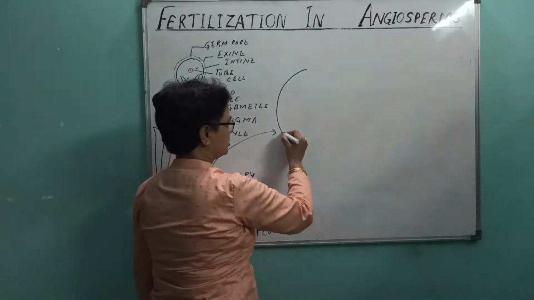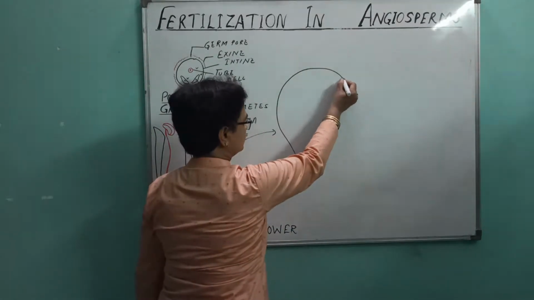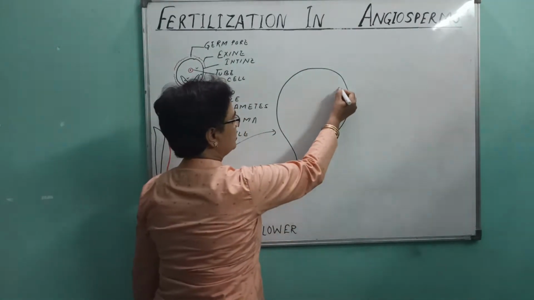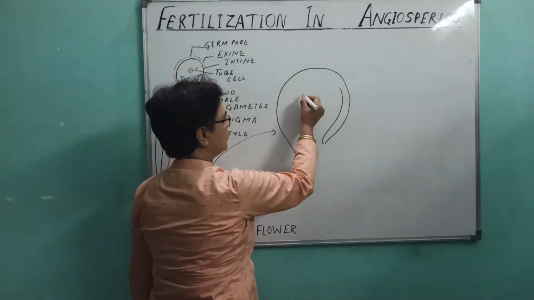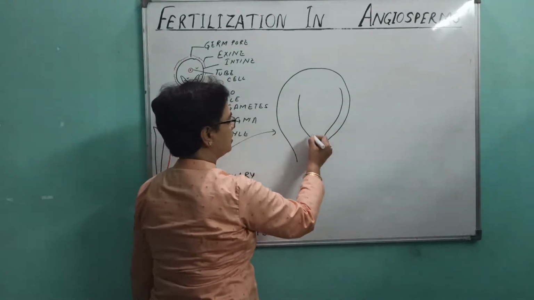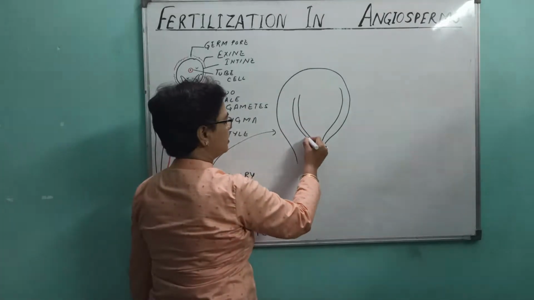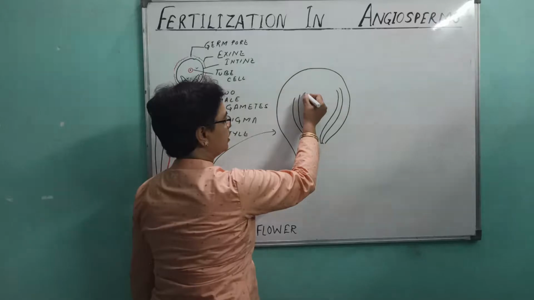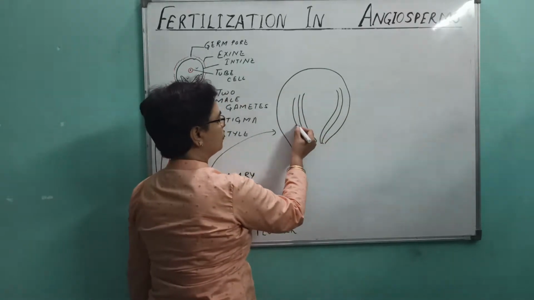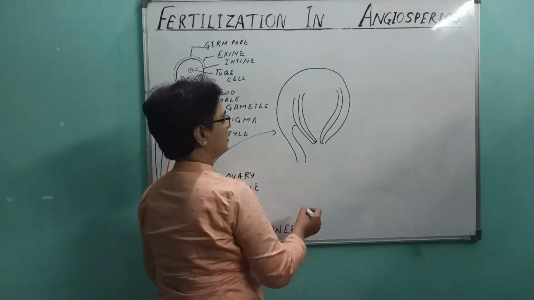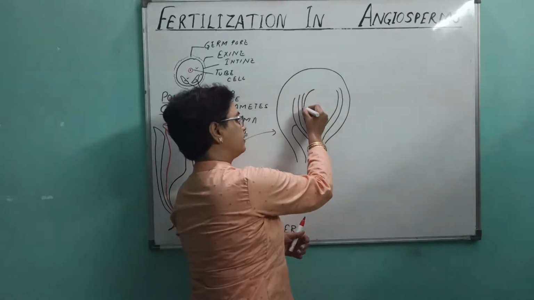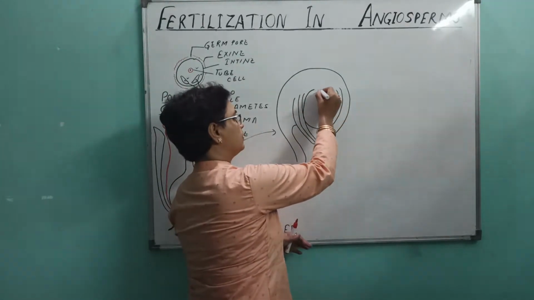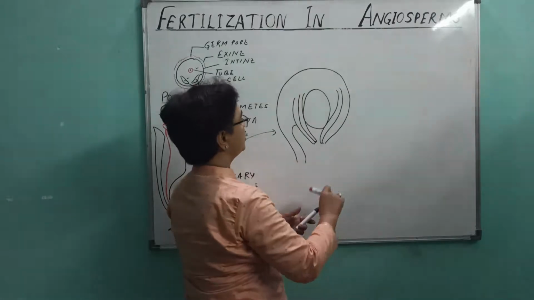Now, this is the structure of the ovule, indicating the integuments, leaving some area free at the bottom, and it is termed the micropyle. So here it is, with the funicle, and the embryo sac with a prominent egg cell.